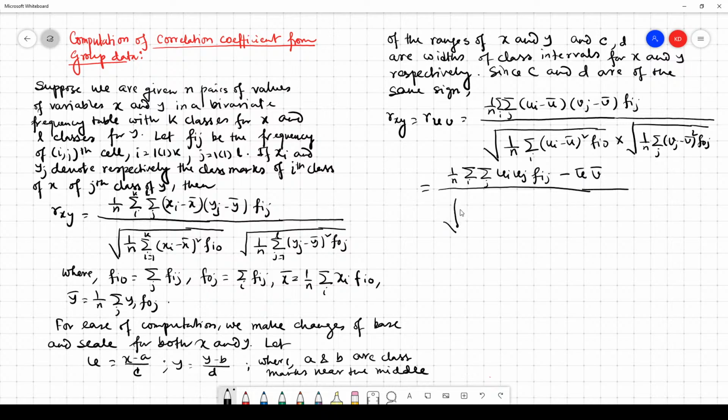Similarly, we can simplify this as sum over i Ui square Fi naught minus U bar whole square. Similarly, we write this as 1 by n sum over j Vj square F naught j minus V bar whole square.